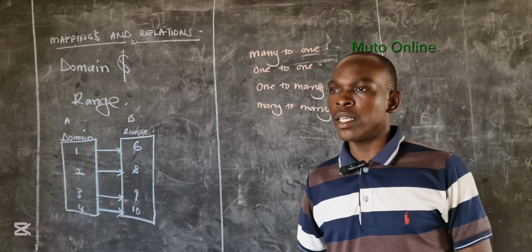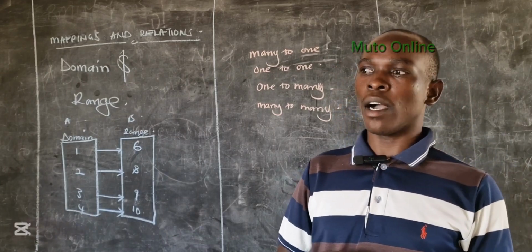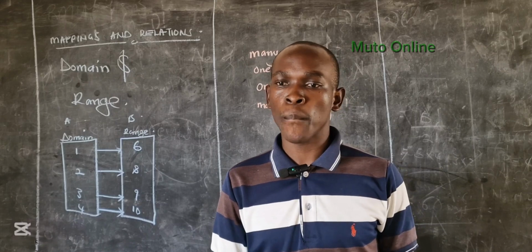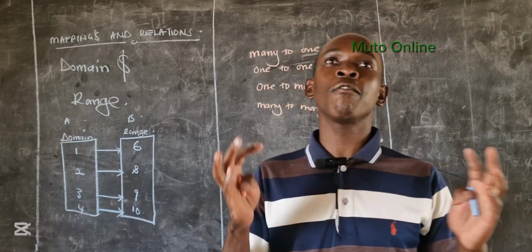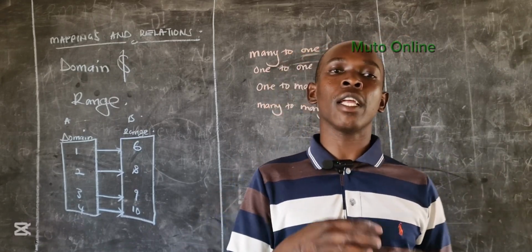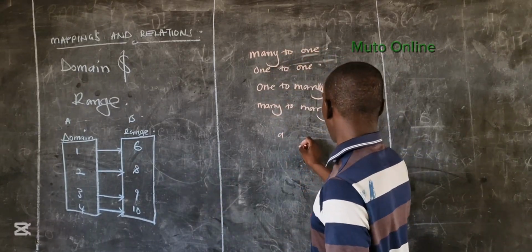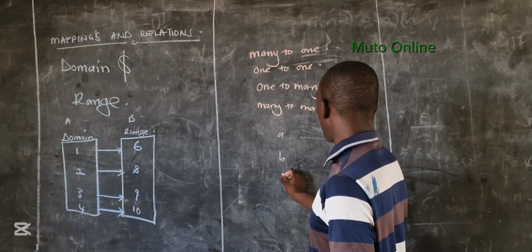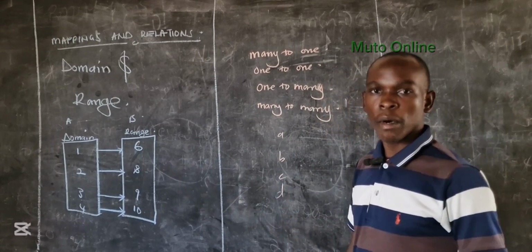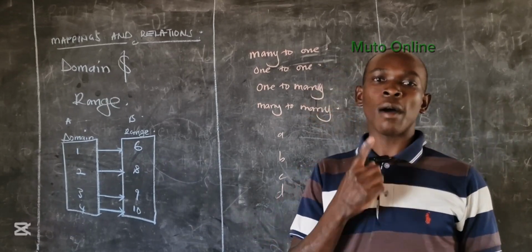Now, it's like having a daughter. Actually, if I'm the parent, I can have, say, maybe 4 daughters. I have daughter A, daughter B, daughter C, and daughter D. But all these daughters are mine. So I'm their parent.